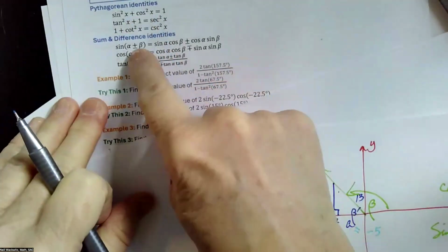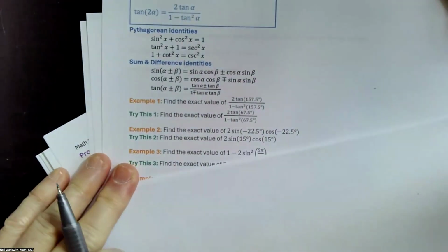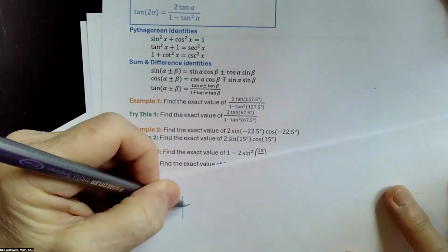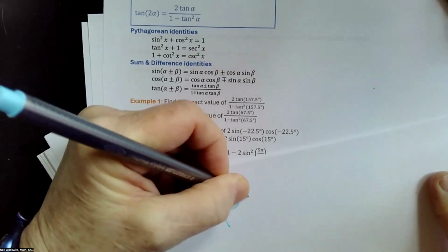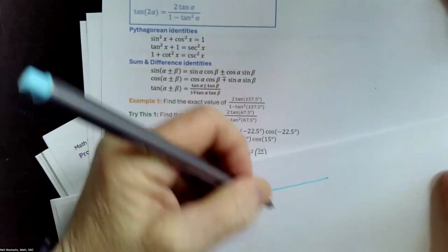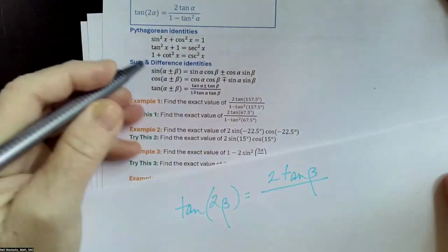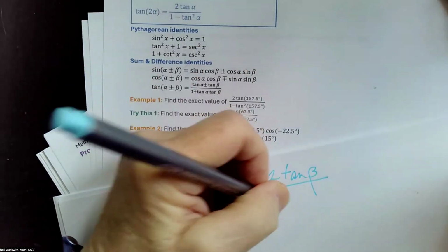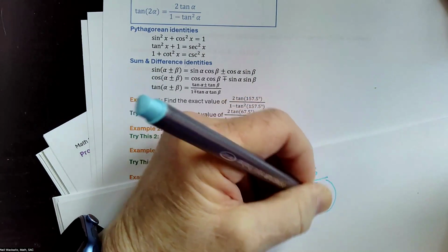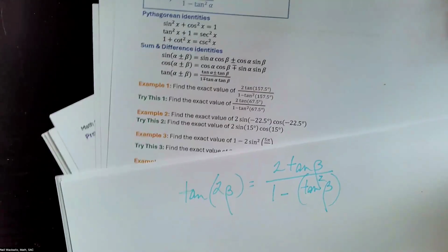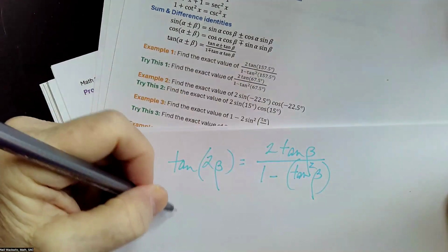Let's use the formula. There we go. So we know that the tangent of 2 beta is 2 times the tangent of beta divided by 1 minus tangent squared of beta. So for this one, we need the tangent of beta. Let's see.